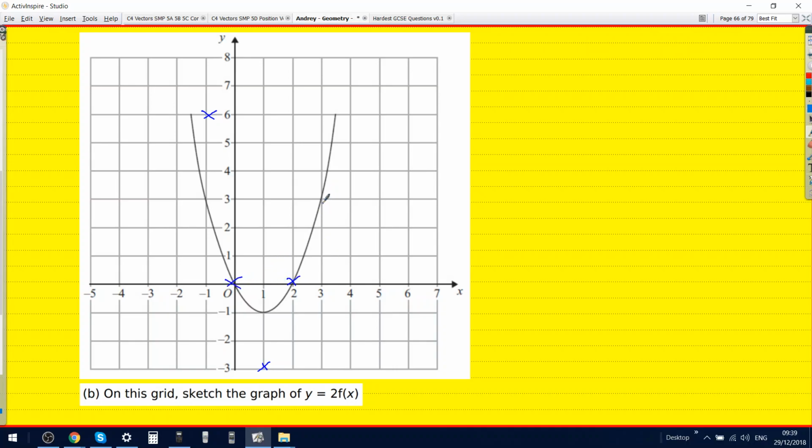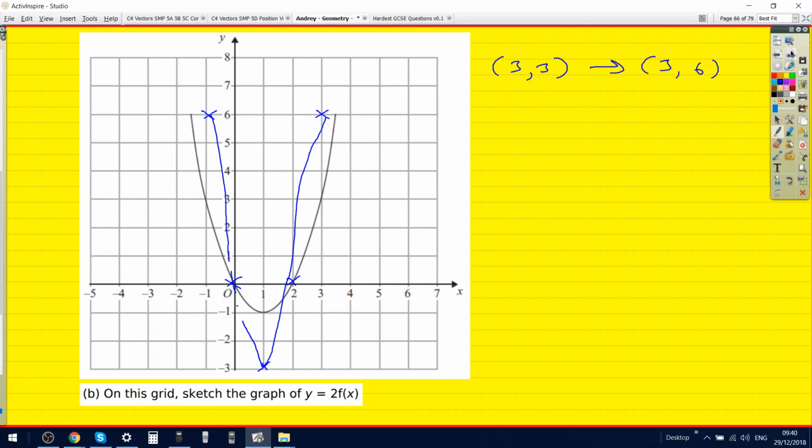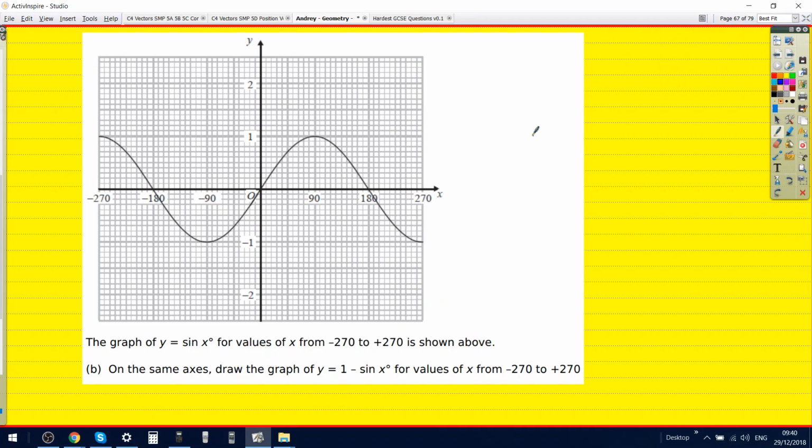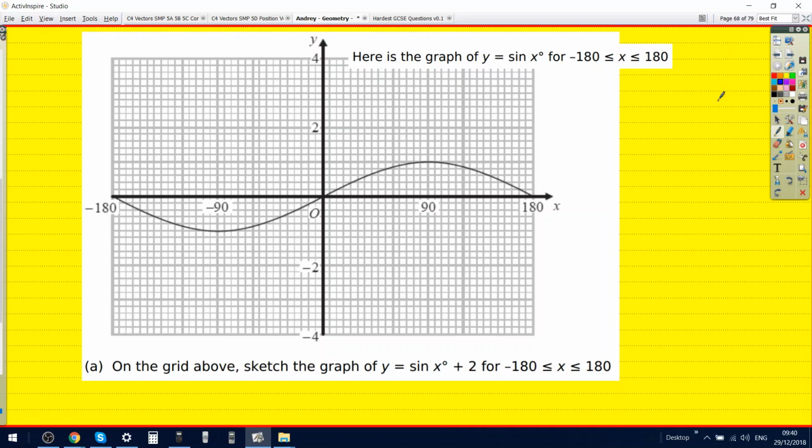And there's a 3, that's going to be 6. If you're really stuck, you can always write them out in full, like 3, 3 becomes 3, 6. But I find it easier to do it that way. This one, if we have time, I'll come back to it. What's going to happen here?